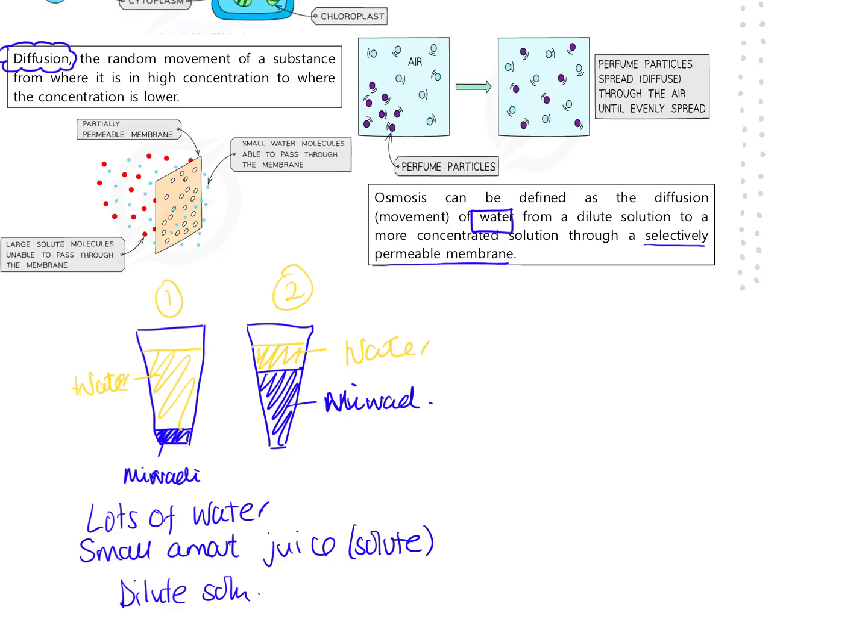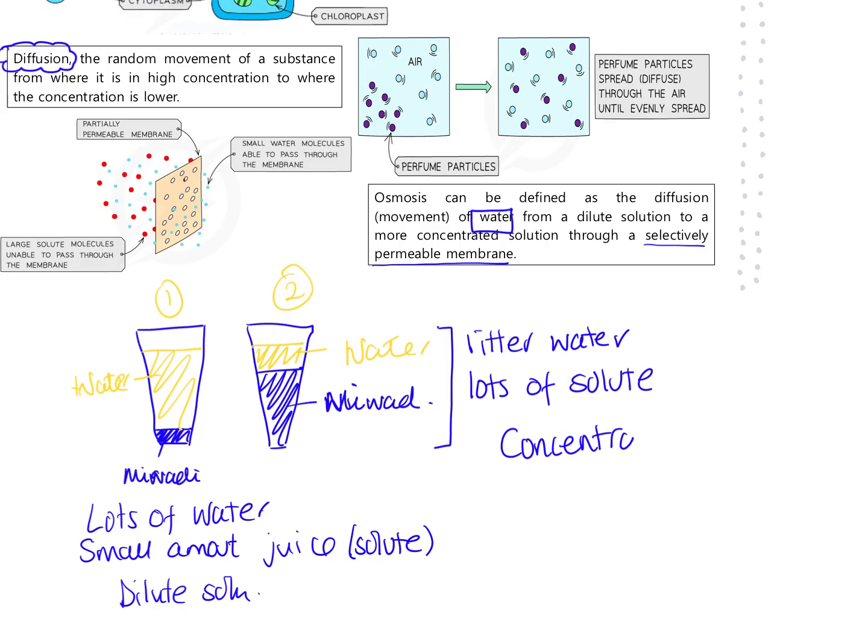Dilute means I've got loads and loads of water, okay? While number 2 here has little water and it has lots of our solute, so lots of my waddy, and that would be described as a concentrated solution. But it's still about water, Jack, okay?